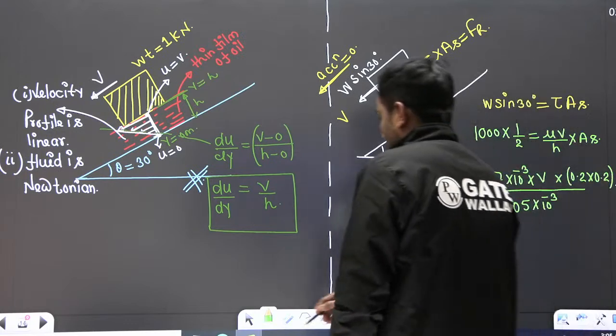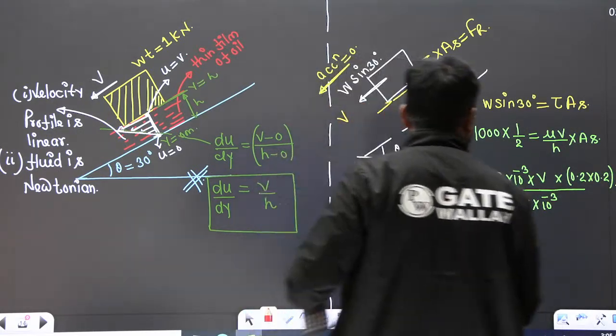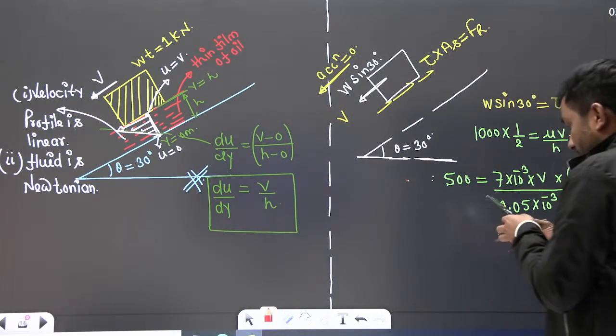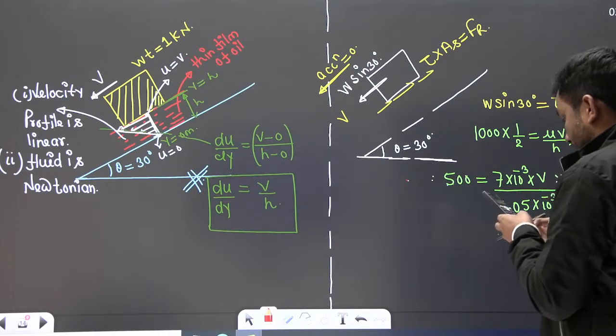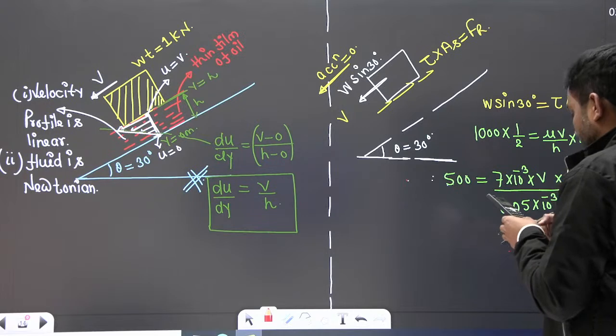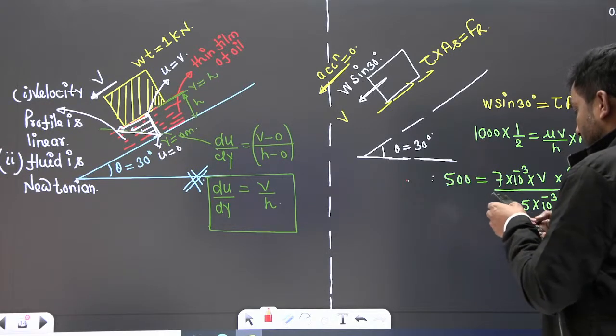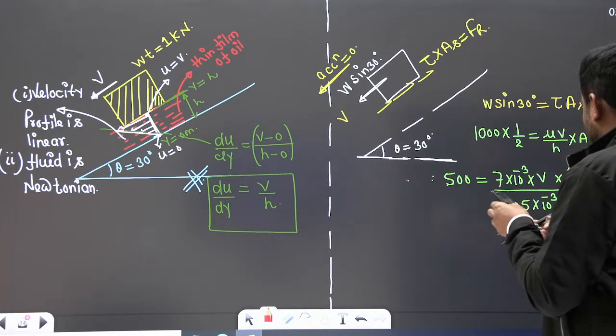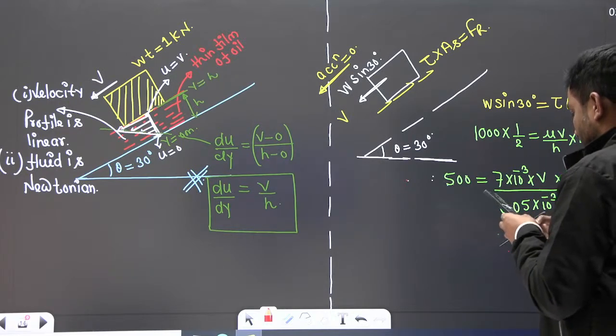Clear? So let's calculate. That will come out to be 500 multiplied by 0.05 into 10 raised to the power minus 3, divided by 7 into 10 raised to the power minus 3 multiplied by 0.04.